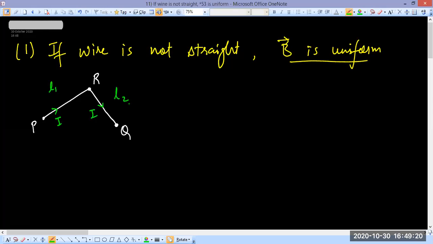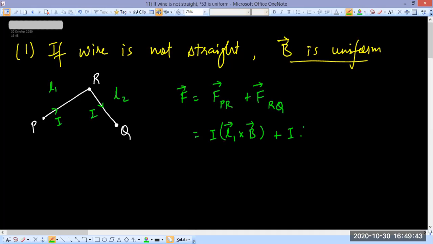We will divide this into two current elements and then write it like this. I haven't shown where the magnetic field is, right? So you'll have to do it like this. Is this fine?